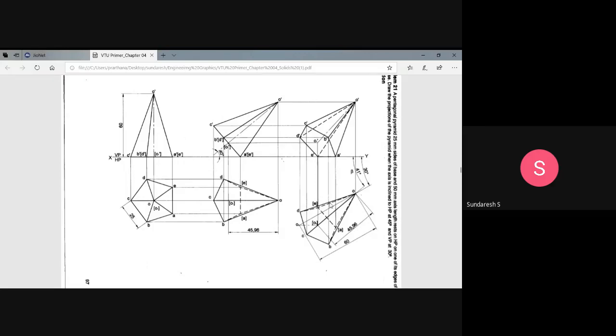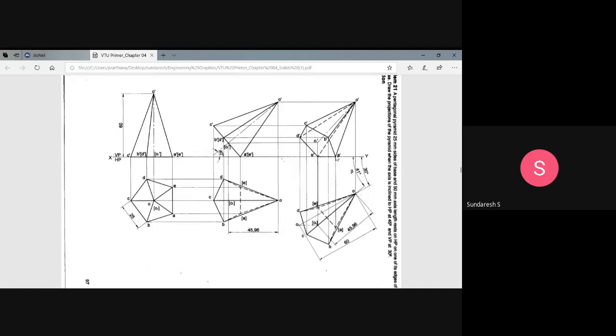Now, what's happened to the slant edges O to D and O to E? They are not visible in the front view. So we show these two slant edges, O dash D dash and O dash E dash, as continuous dashed lines, as invisible edges.